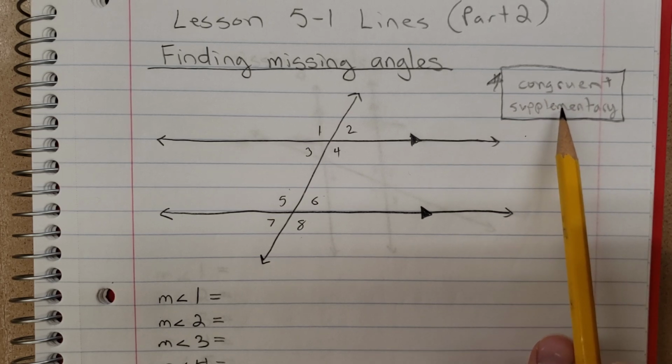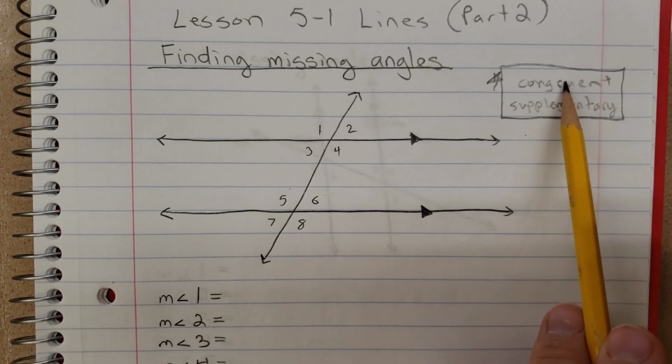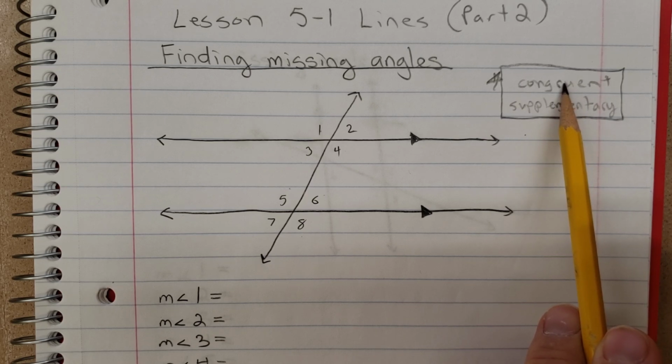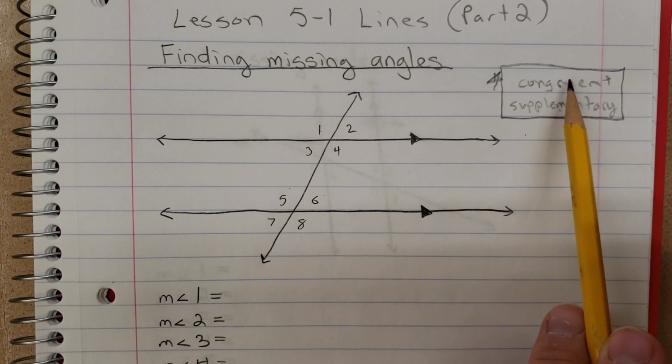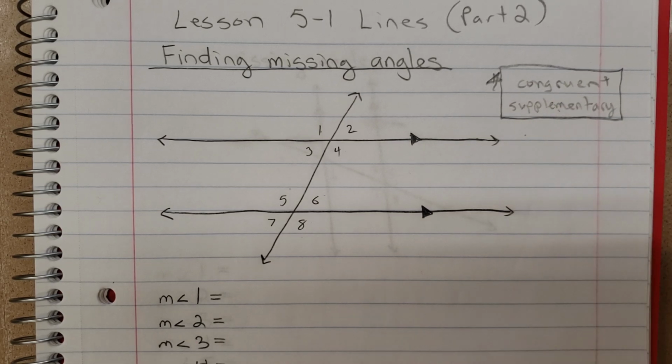Linear pairs are always supplementary. Alternate interior, alternate exterior, corresponding, and vertical angles are always congruent. So if they're any of those 4 things, we know they're congruent. But if they're linear pairs, that's what we're going to look for supplementary.